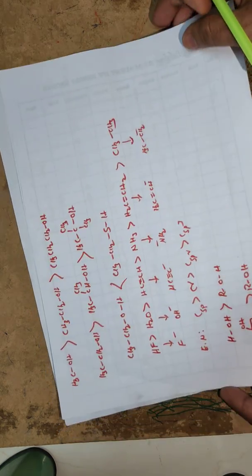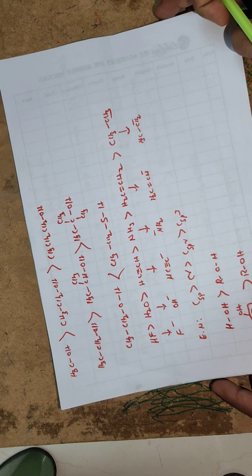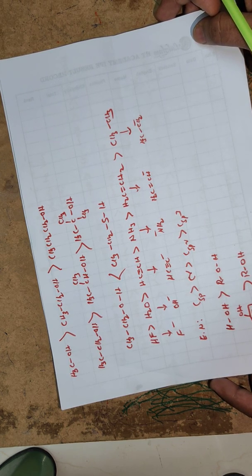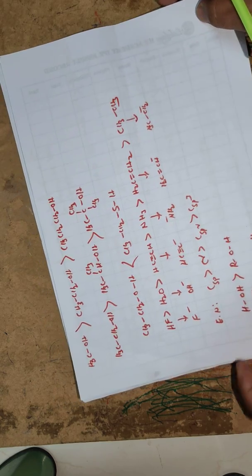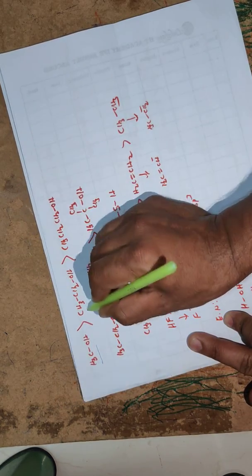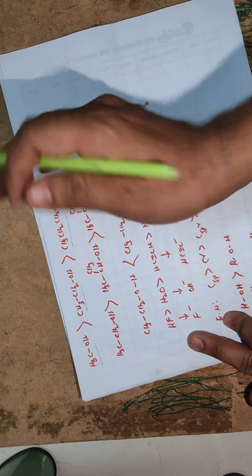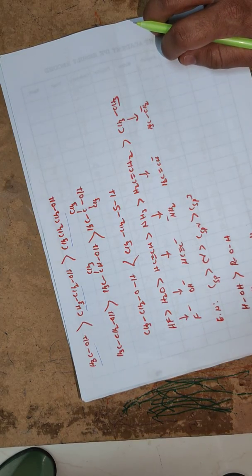So next, another example. We said that any alcohol with a minus I group is more acidic. Now here, this is methyl, this is ethyl, this is propyl. Generally methyl, ethyl and propyl are plus I groups. So with the plus I effect increasing, the acidic nature decreases.